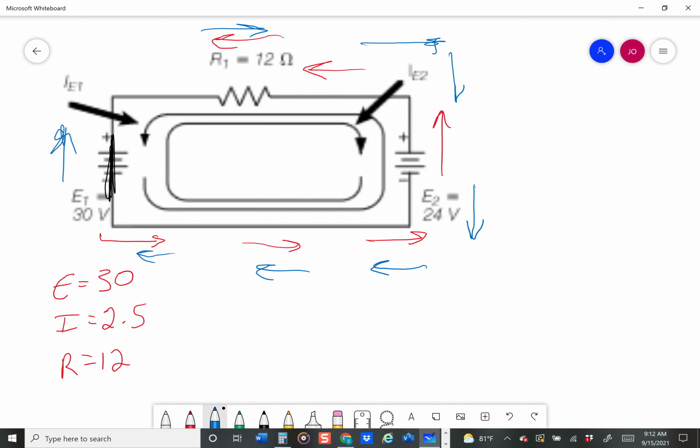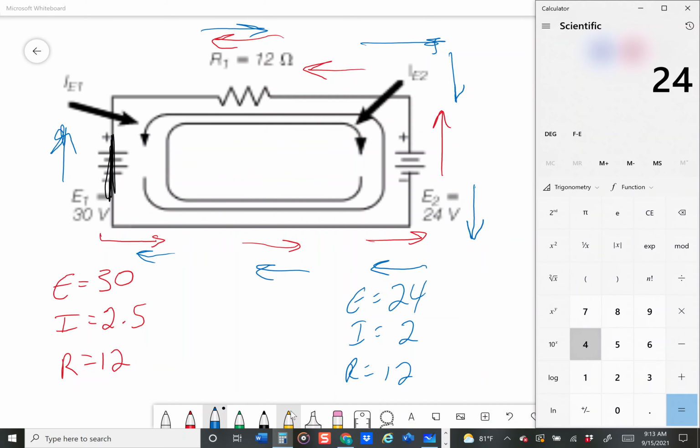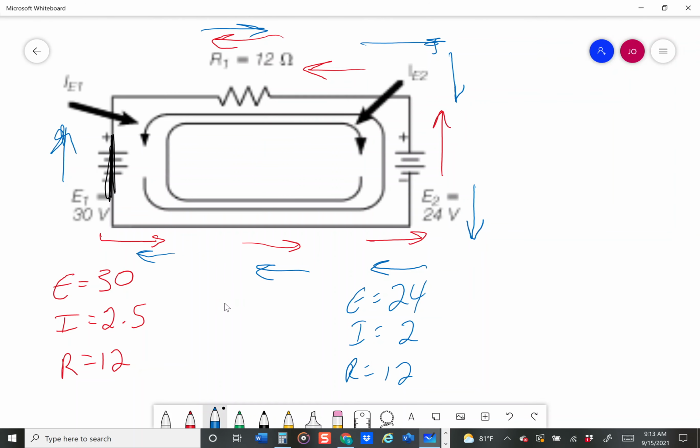So now we solve for this one. We've got voltage source 2 of 24 volts and a resistance value of 12 ohms. And that's going to be 24 divided by 12, which should give me 2 amps. And we do. So, perfect.